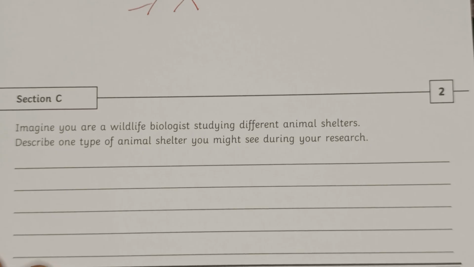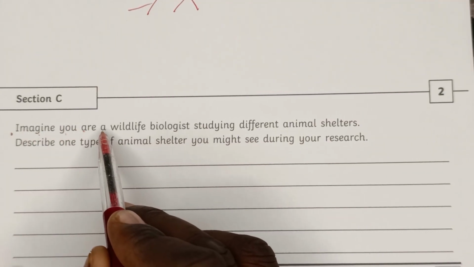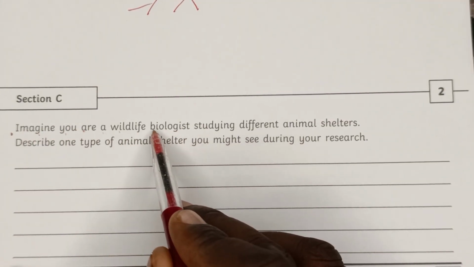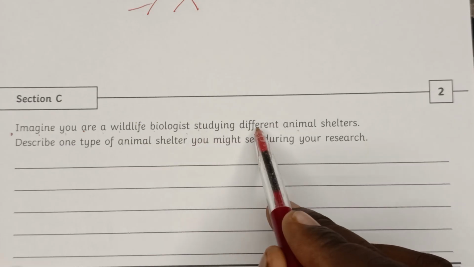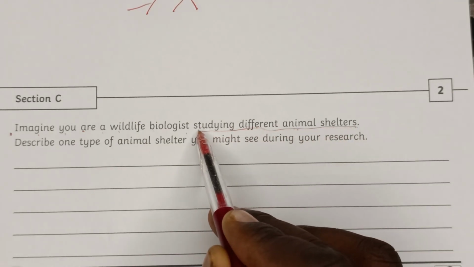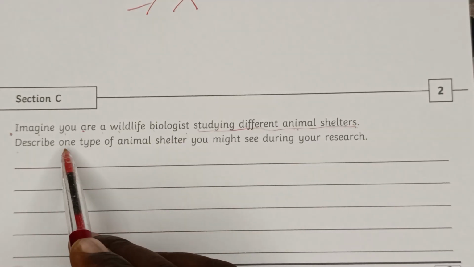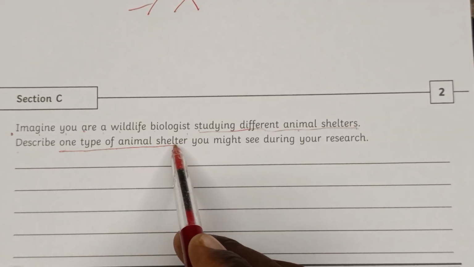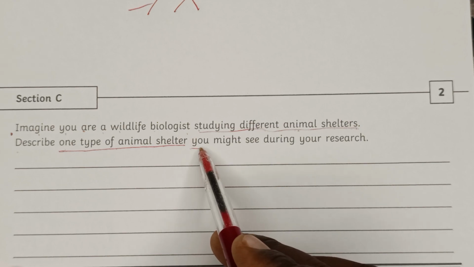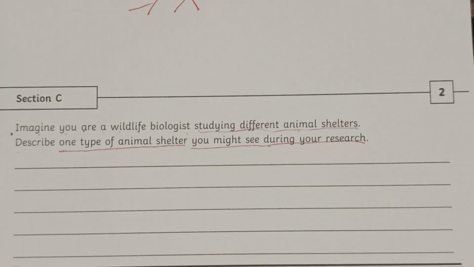Okay, now we move to section C. Section C says, imagine you are a wildlife biologist studying different animal shelters. Describe one type of animal shelter you might see during your research.